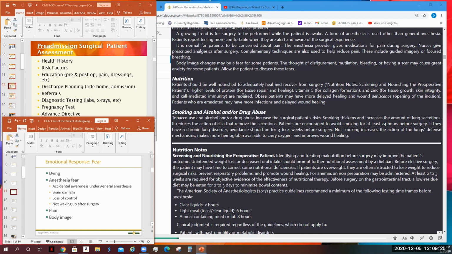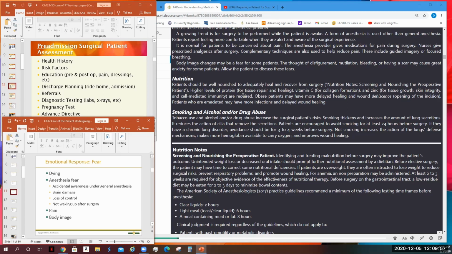Smoking and alcohol and/or drug abuse. Tobacco use and alcohol and/or drug abuse increase the surgical patient's risks. Smoking thickens and increases the amount of lung secretions. It reduces the action of cilia that removes the secretions. Patients are encouraged to avoid smoking for at least 24 hours before surgery.